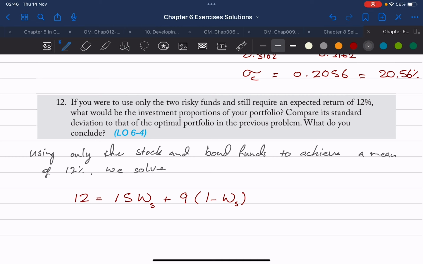So now this will equal 9 plus 6 multiplied by WS. And from there we can derive that the weight for the stock fund equals 0.50, which is 50%.